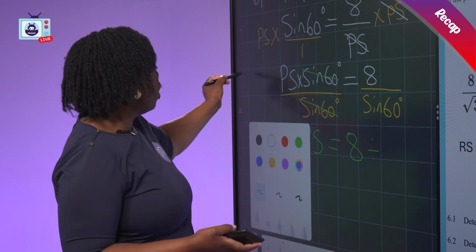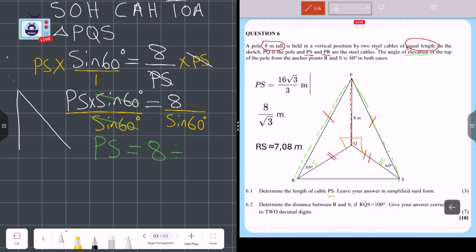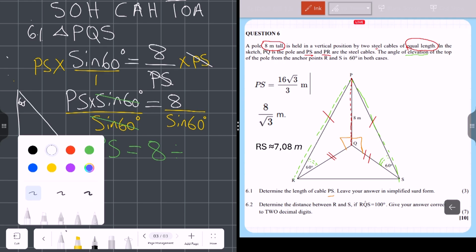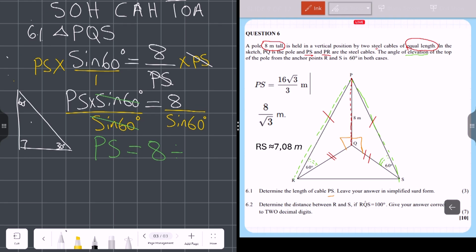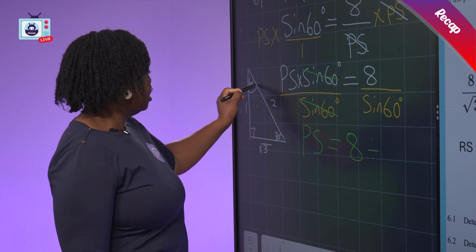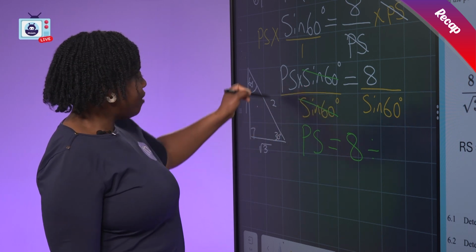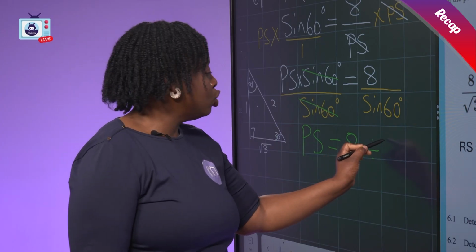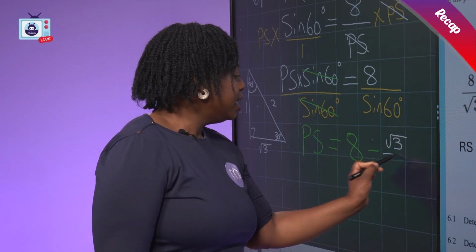But if you are using your triangle of 60, which is a right-angled triangle with 60 and 30, here you would have sine of 60 as opposite over hypotenuse, which means it's going to be the square root of 3 divided by 2.